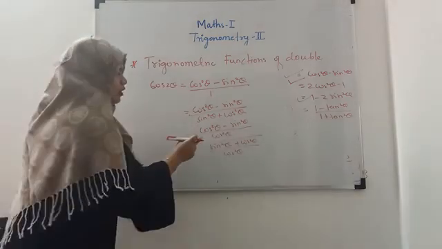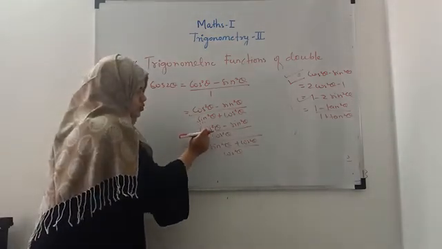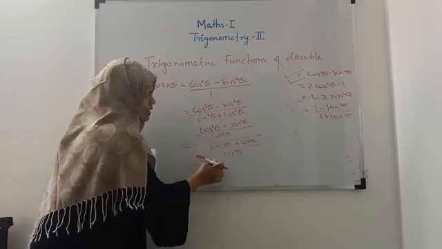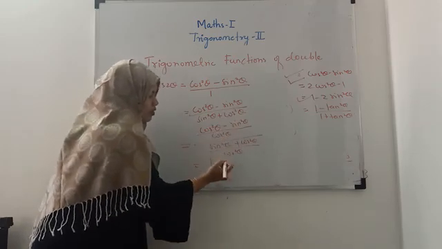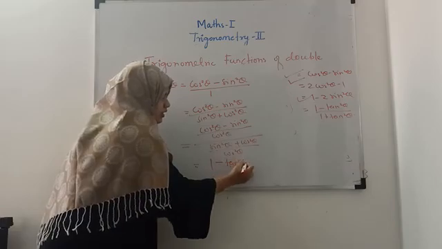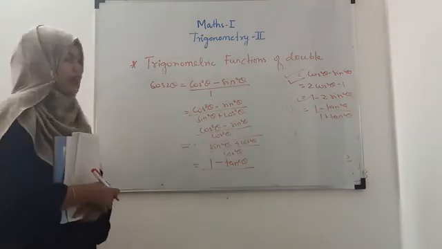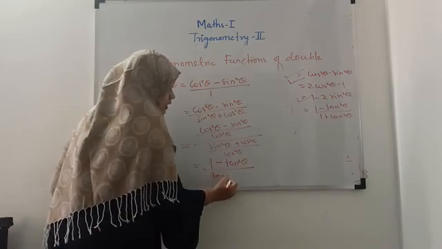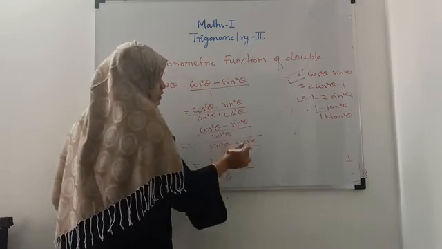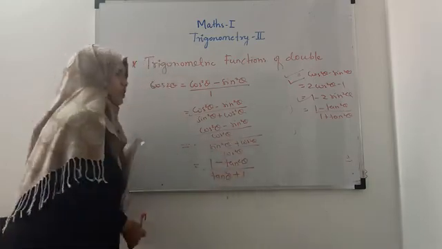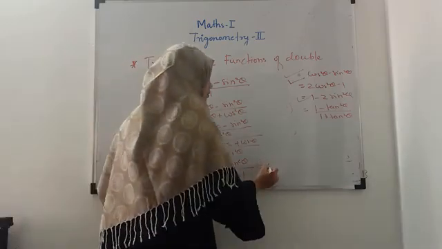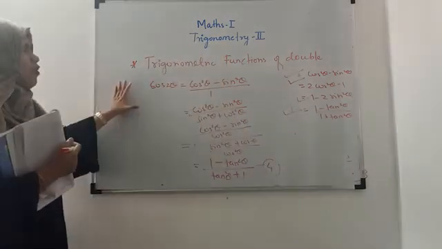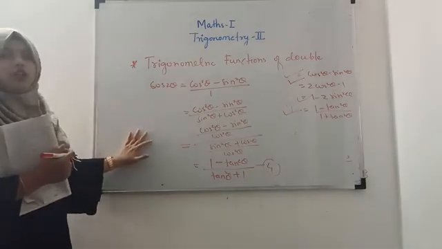Okay, now the cos square theta cancels, you will be left with 1 minus, and here sin upon cos is tan square theta. Similarly here sin upon cos is tan square theta, and the cos terms cancel, you will be left with plus. So this is your fourth formula. Okay, so these are the 4 formulas for cos 2 theta.